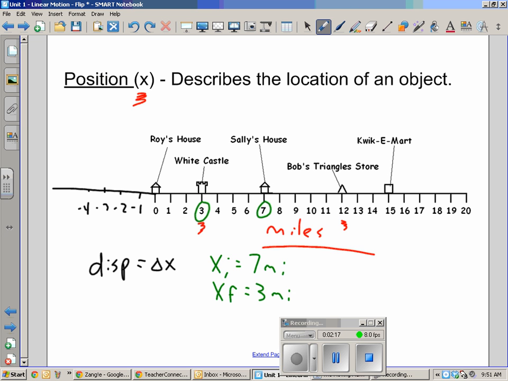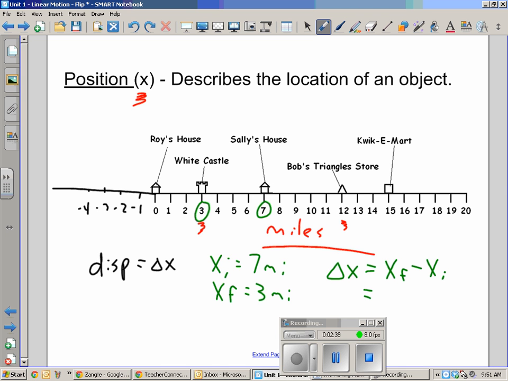Okay. And in chemistry and in physics, you've learned that to find the change in something, you simply subtract, right? Like if the temperature goes from 80 degrees to 90 degrees, then the change in temperature is the difference between those two numbers, or 10 degrees. Here we're talking about the change in position. So you always take the final and then subtract the initial.